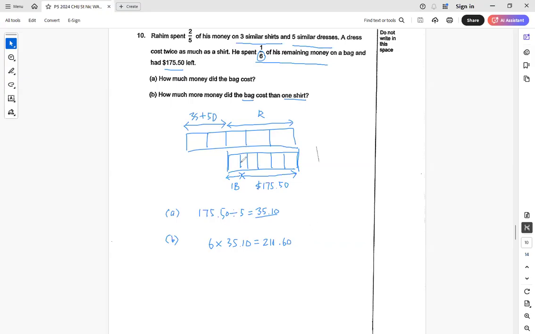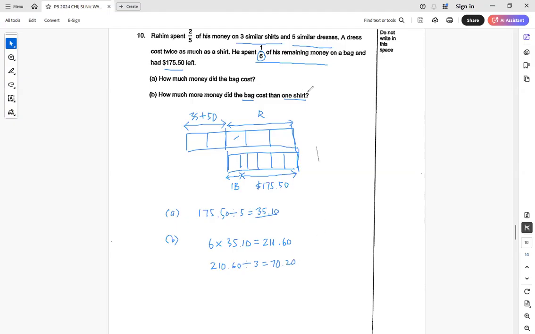Okay, so now this part here, we have found is $210.60, right? We have to find 1 of this. So to find 1 of this, you just simply take 210.60, you divide it by 3 because there's 3 of it on top. So after you divide, it will be $70.20.